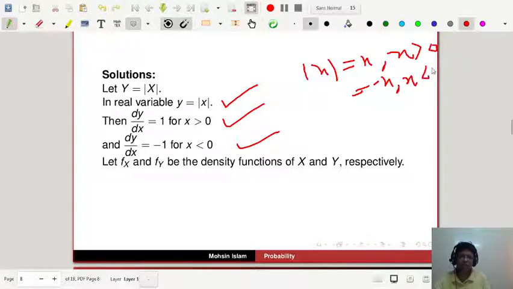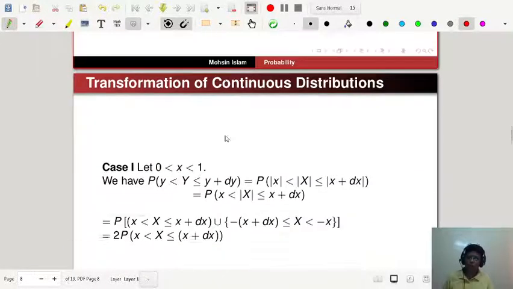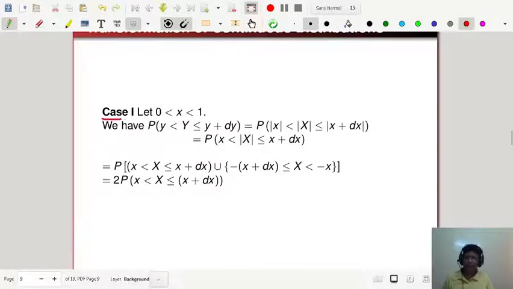And f_X and f_Y are the density functions of X and Y as usual. Case 1: let 0 less than x less than 1. Let's have the positive part first. We'll use the probability differential once again. So let us have the probability of y less than capital Y less than or equal to y plus dy.